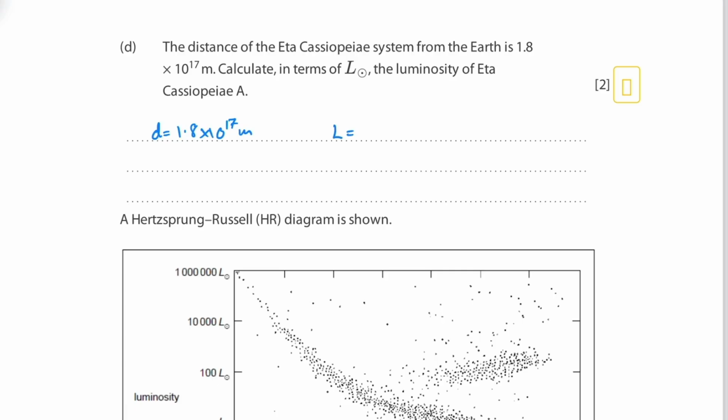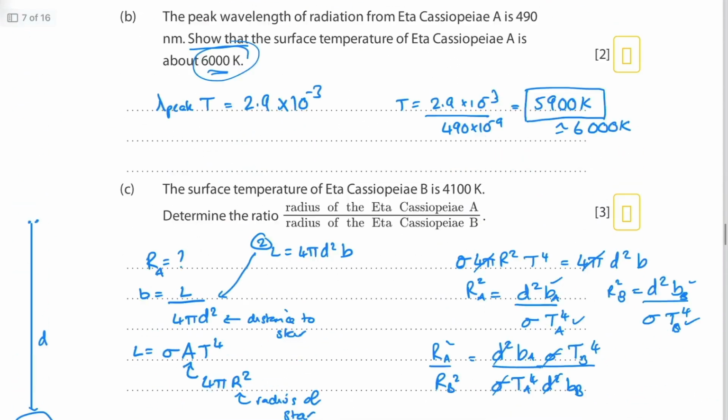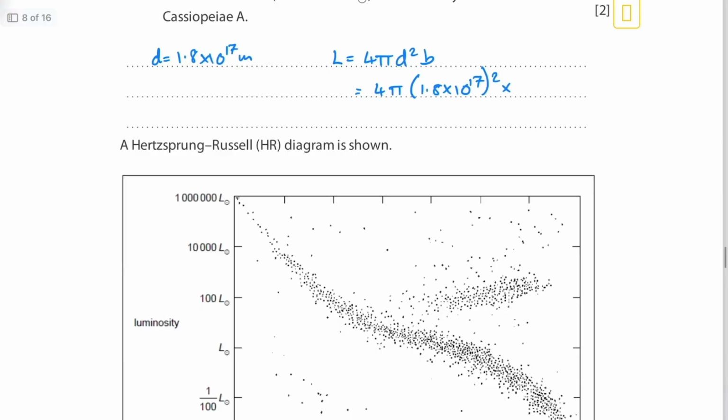So luminosity is equal to 4 pi d squared b, and 4 pi times d squared times the apparent brightness of A, which is 1.1 times 10 to the minus 9. Pop all the numbers into that, and we're going to get 4.478 times 10 to the 26 watts.